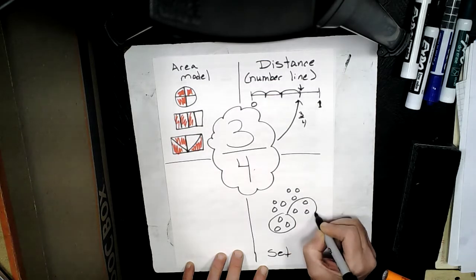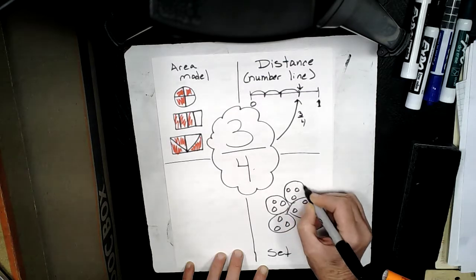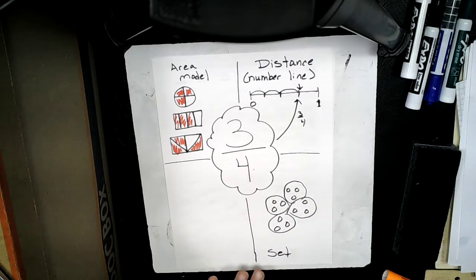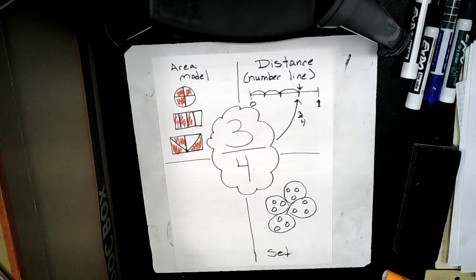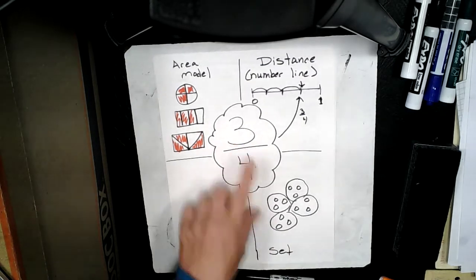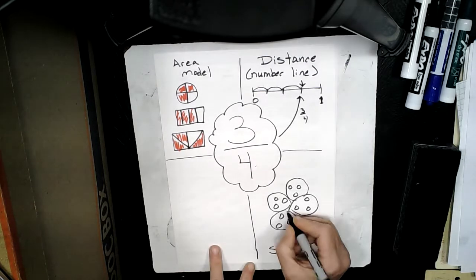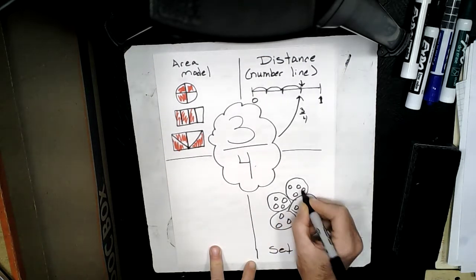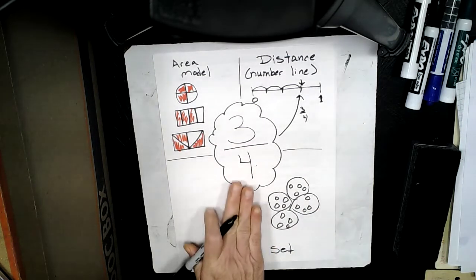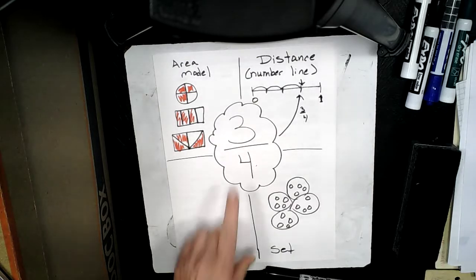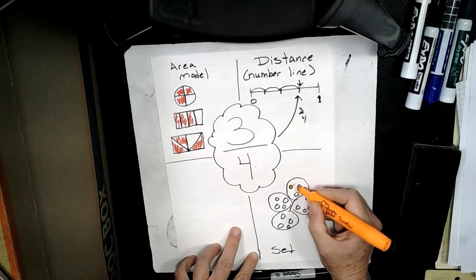There's 1 part, 2 parts, 3 parts, 4 parts. Because if I divide those 12 Skittles up into 4 equal groups, each group is going to have 3. It's just a coincidence that that's the same number. I probably should have done something different. Actually, let's say that I had 16 Skittles. So if I had 16 Skittles altogether, split them up into 4 equal groups, let's say 3/4 of the Skittles are orange.